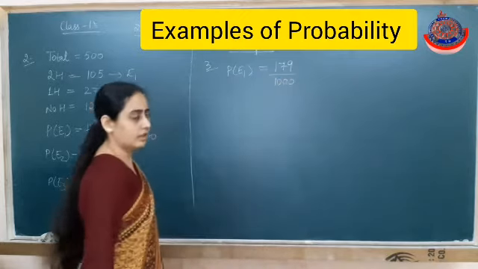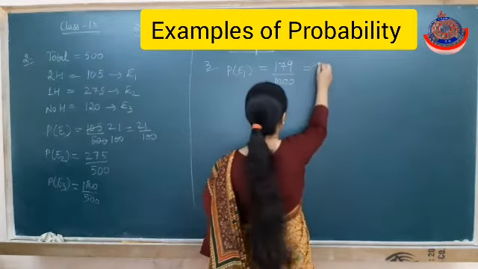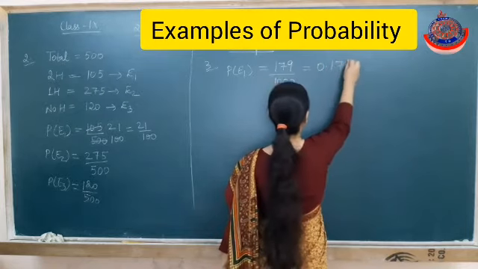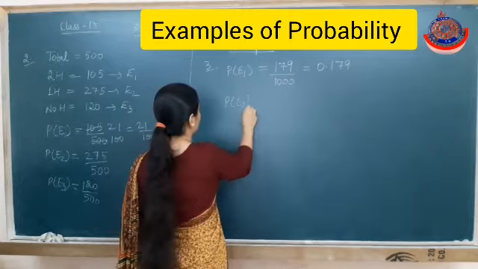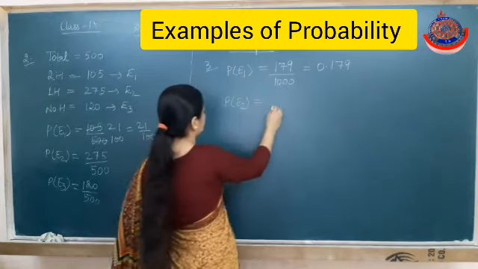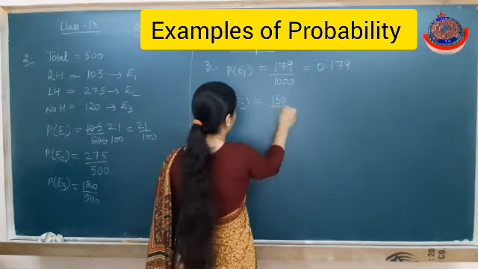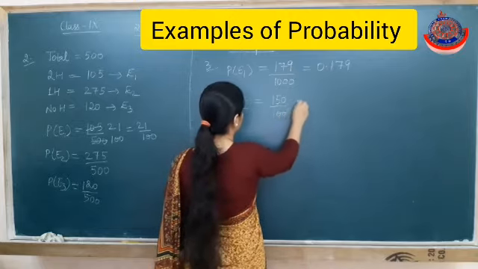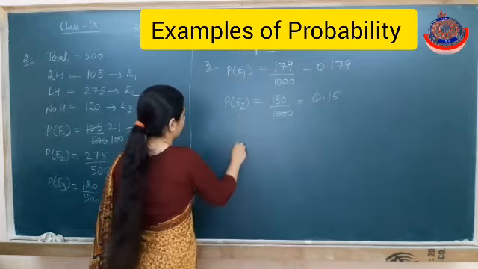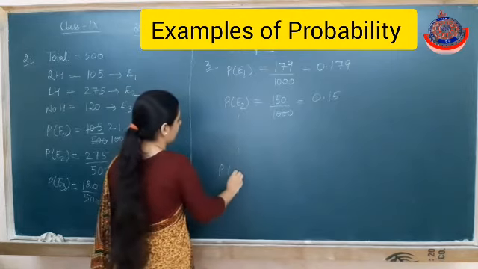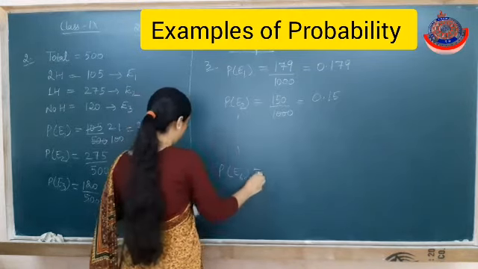Fine. So it will be 0.179. Similarly, probability of E2 you can calculate, that is 150 upon 1000, that will become 0.15. Fine. So I am not calculating all, you have to do it on your own.